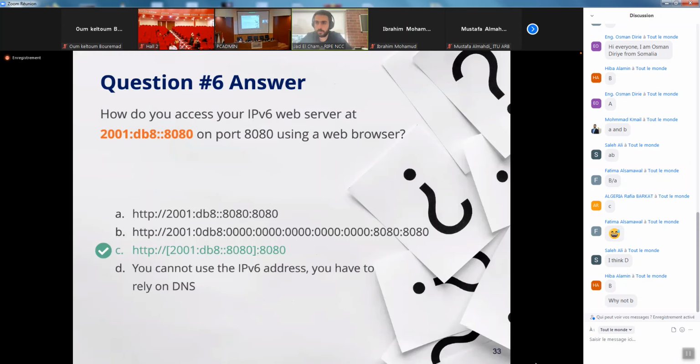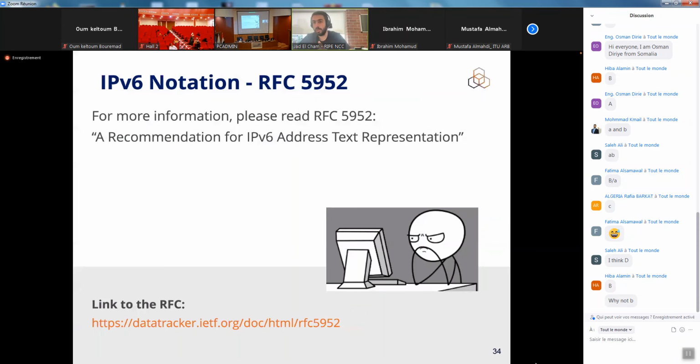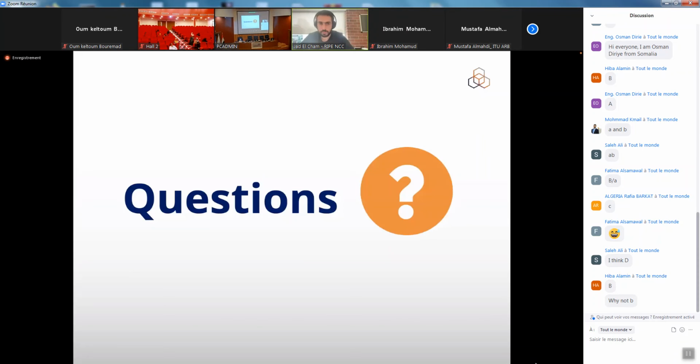This is the default behavior in most browsers today. It could change, but this is the default behavior. If you would like to know more about this notation and how to represent it, you can refer to RFC 5952. This is a technical document from the community that explains more about this.